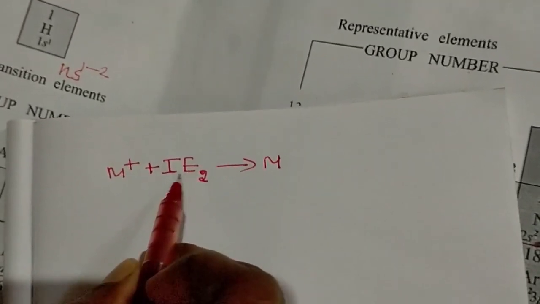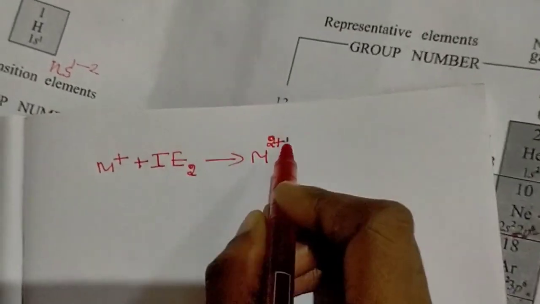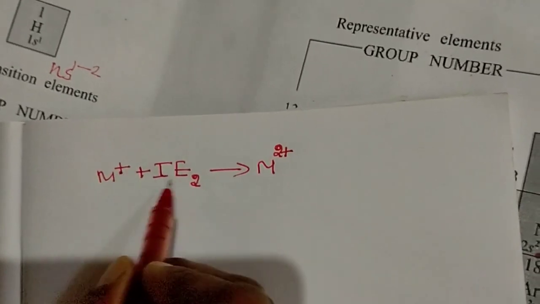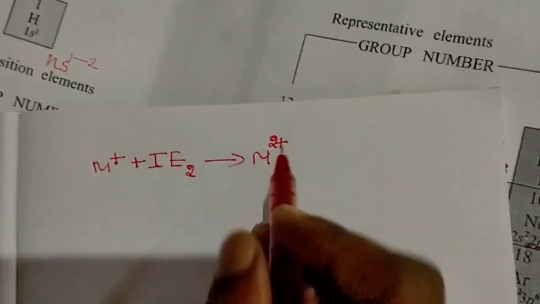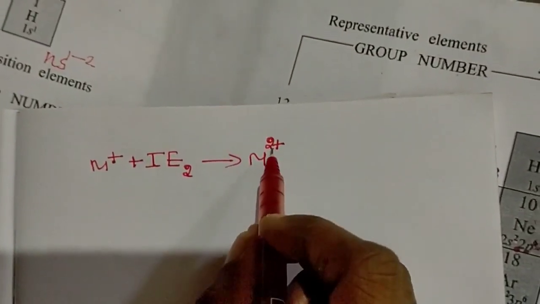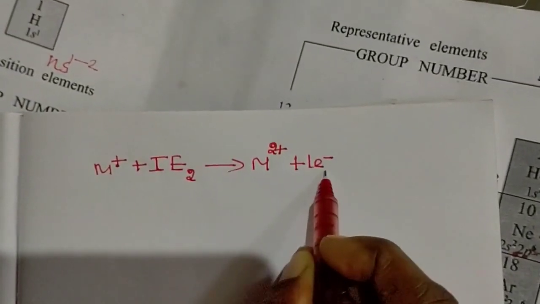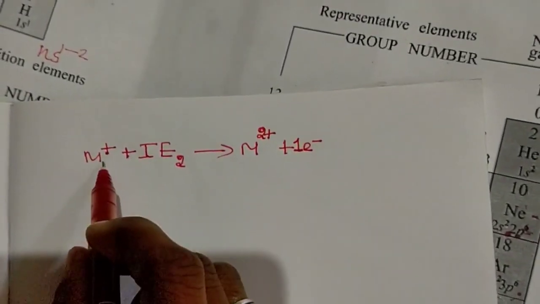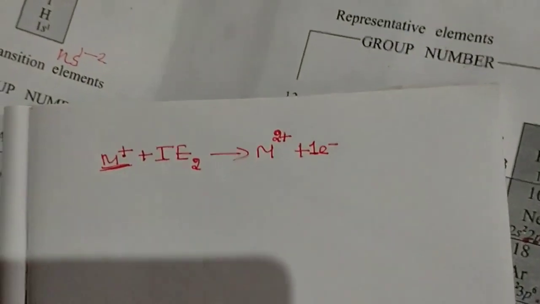Because of the second ionization energy, it loses one more electron, so it becomes M2 plus plus one electron. This one electron is removed from the unipositive gaseous species.